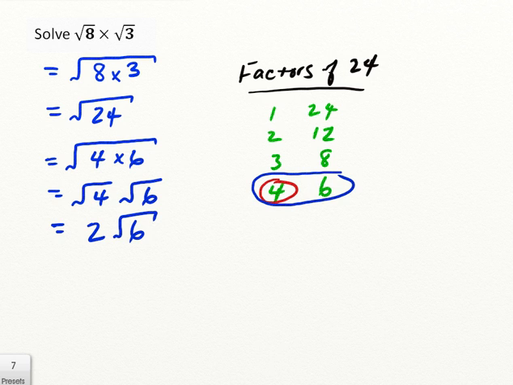Okay, let's go ahead and try another one. Let's say we were asked to solve negative 7 root 15 times 2 root 3. Well, we have two portions here. We have the negative 7 outside the radical, and we have a 2 outside the radical.